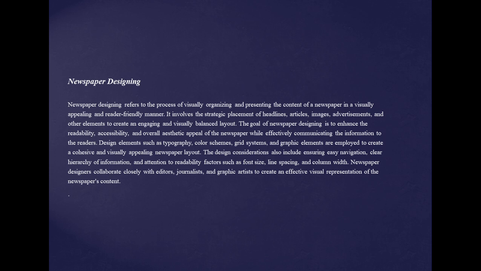Newspaper designing refers to the process of organizing and presenting the content of a newspaper in a visually appealing and reader-friendly manner. It involves the strategic placement of headlines, articles, images, advertisements, and other elements to create an engaging and visually balanced layout.